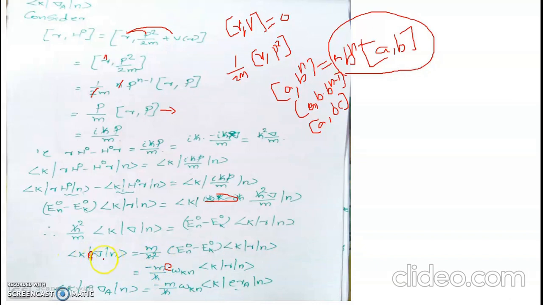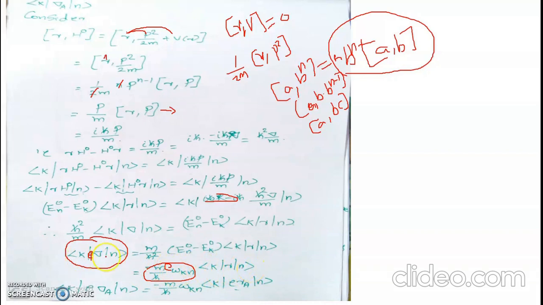Scalar product k grad n is equal to some constant, and this constant happens to be this quantity, minus m by h cross omega kn, scalar product k r ket n. So this operator grad in this scalar product is identical with this constant multiplying this operator scalar product k r n.